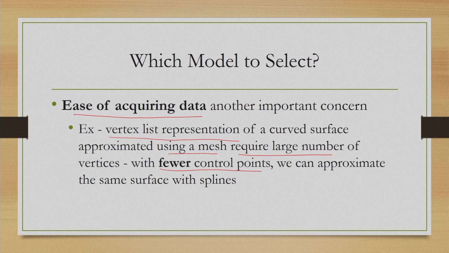So, clearly here representing a curve using mesh involves more effort for acquiring data, whereas representing the same curve with a spline involves less effort to acquire data. So, sometimes this ease of acquiring data can be a deciding factor depending on the designer of the graphic system. A particular method can be chosen where the data can be acquired easily.